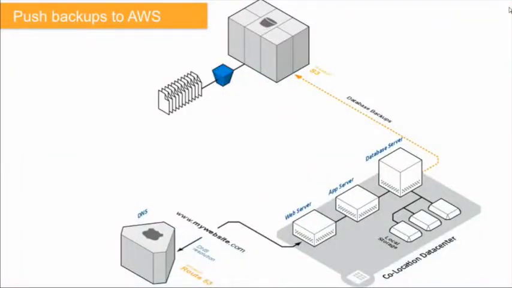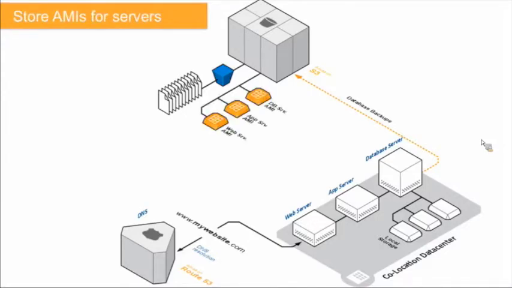This is how it works in practice. So you push your backups into AWS. In this case, you can see a connection from that database server in that co-location data center, which might be using something like Oracle Recovery Manager, RMAN, which supports S3, to back up that database into S3, and also to maintain within S3 snapshots of the system images that would be used to recover systems in the event of an invocation process being required.